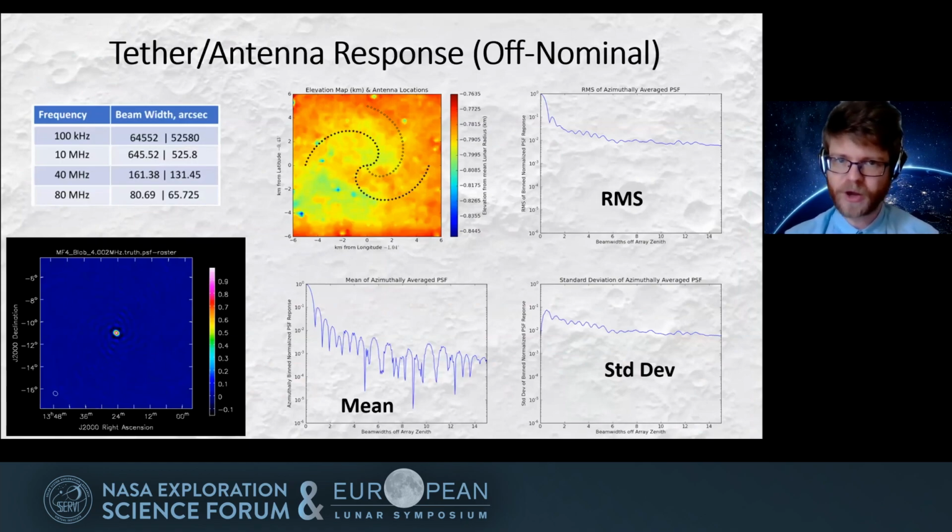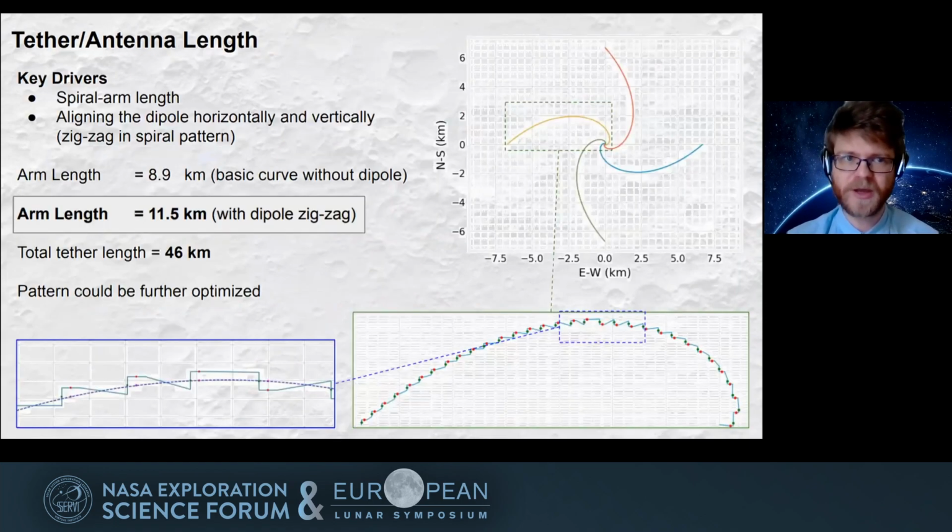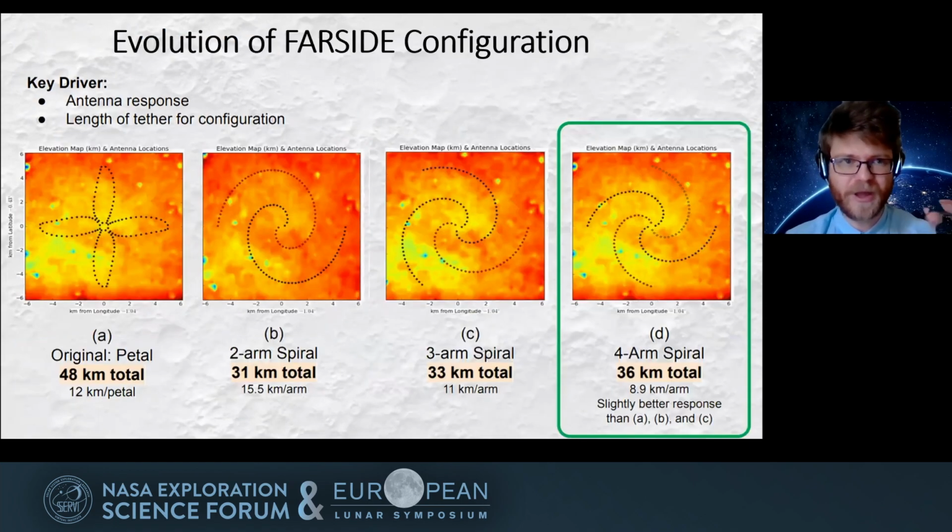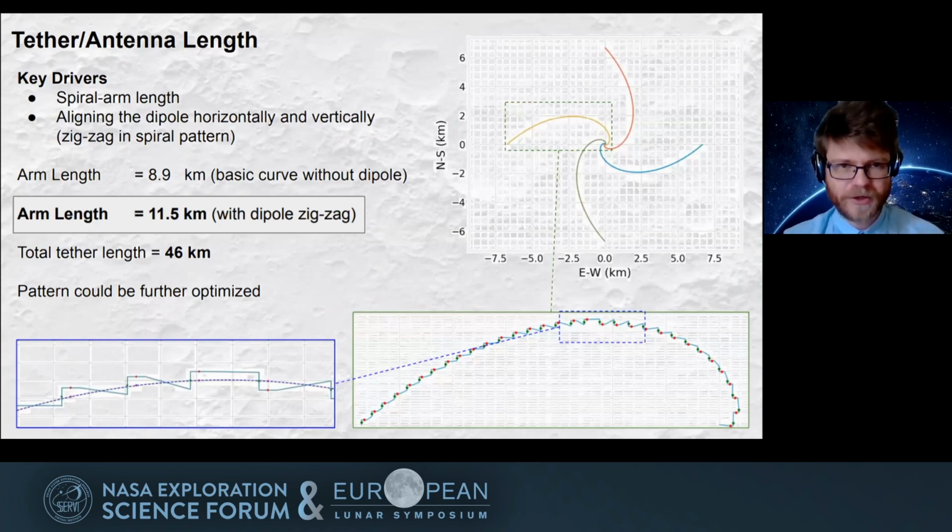If one arm or one rover is dead on arrival, even without switching up the array configuration, we still have pretty good statistics on how good the recovering beam is, even below 1%. Another cool thing about this updated FARSIDE design is that now we are adding in both polarizations, both vertical and horizontal.